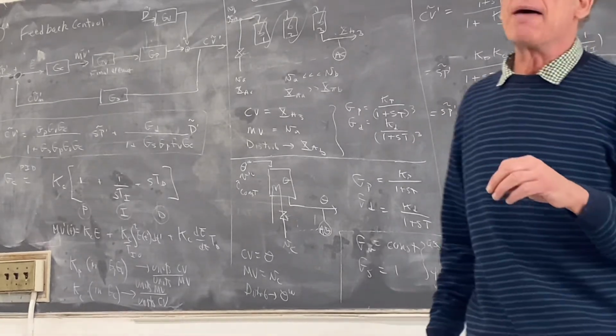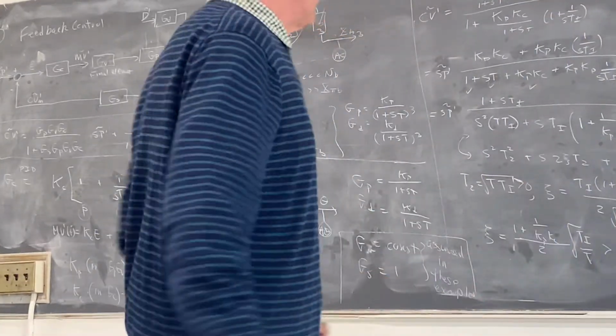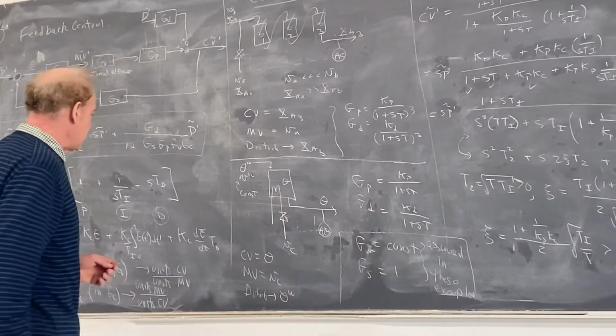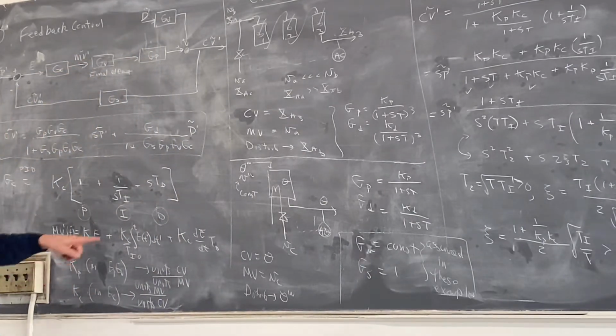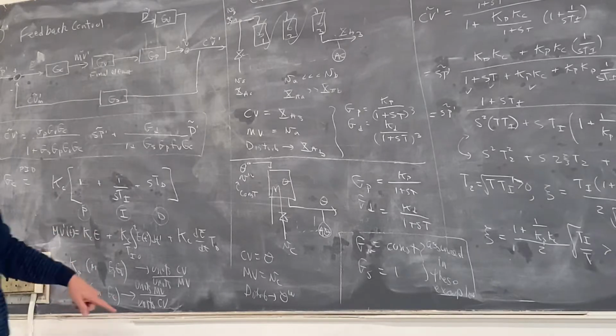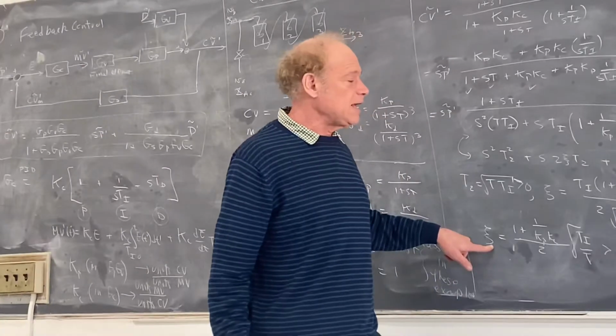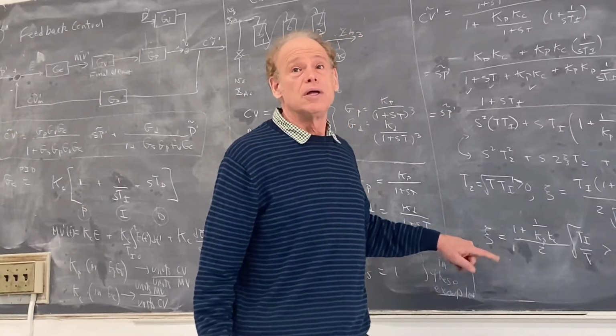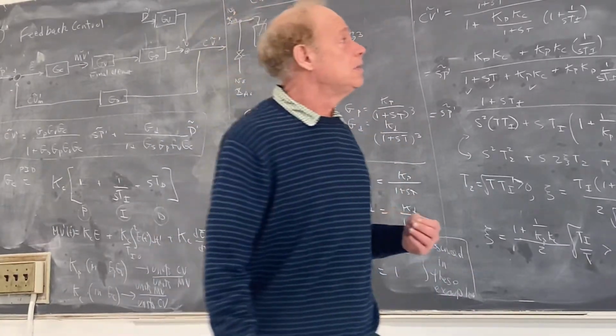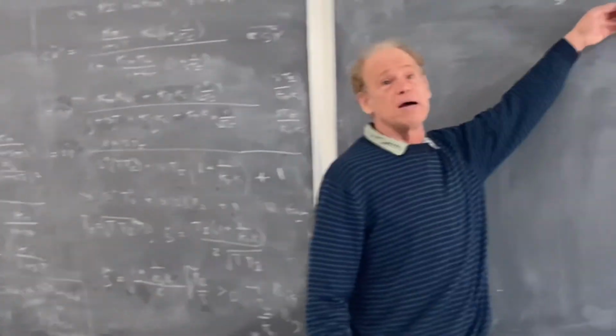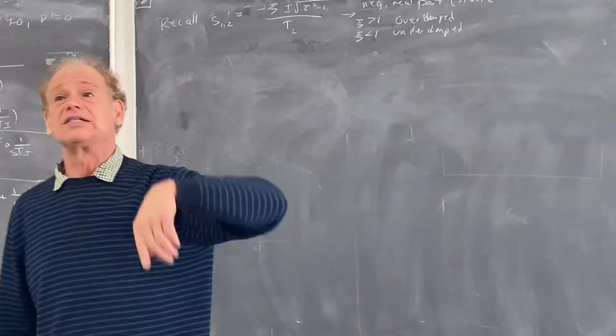So you can see what happens if I make Kc over Ti bigger instead of smaller: then I make C smaller. And as C gets smaller, I get more and more underdamped. I get more and more oscillations.